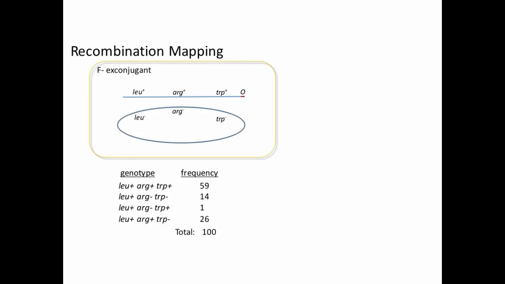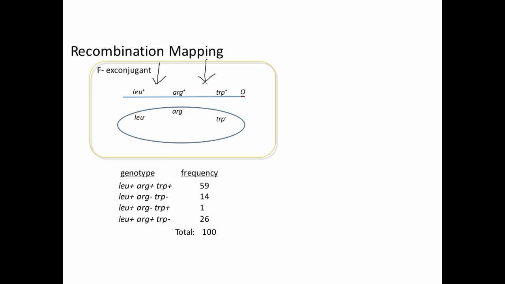And so now we want to take our data from a recombination experiment to map the distances between the genes. We first want to look at the distance between Lu and Arg, and then the distance between Arg and Trp. To map the distance between Lu and Arg, we want to look at the frequency of crossover between those markers.